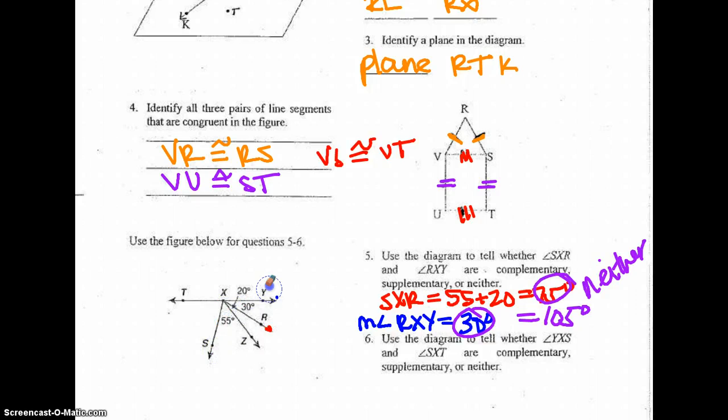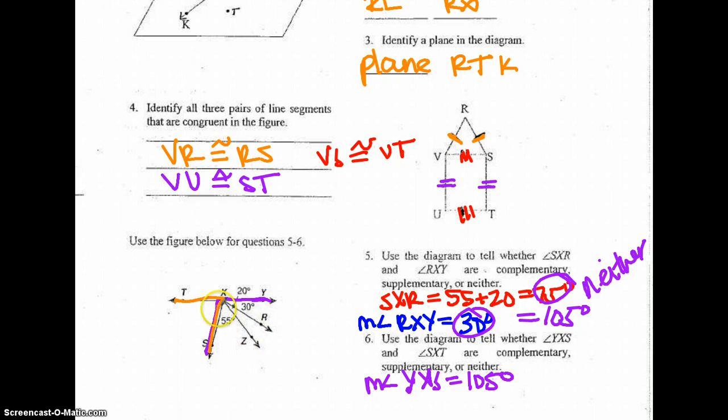Okay, next one is YXS. So the measure of angle YXS is 30 plus 20 plus 55, which is 105 degrees. And SXT, I know that this is a straight line.